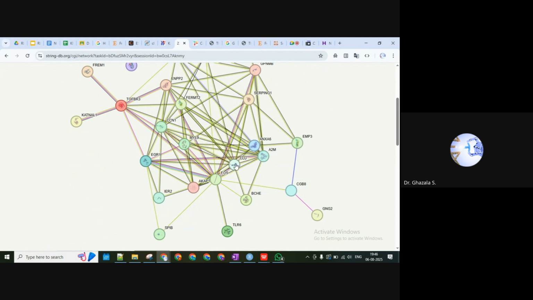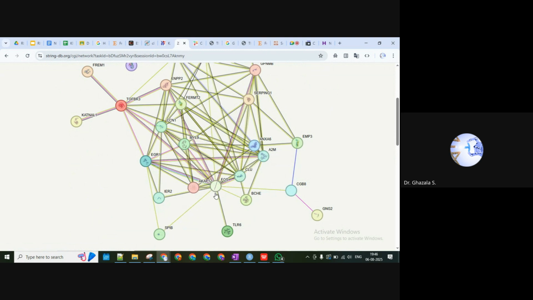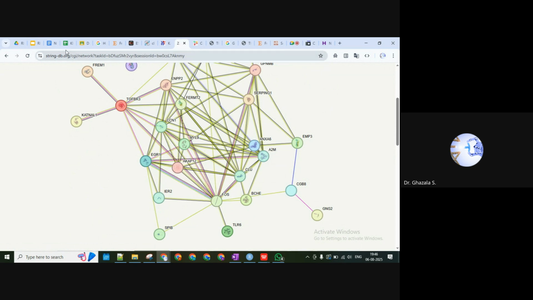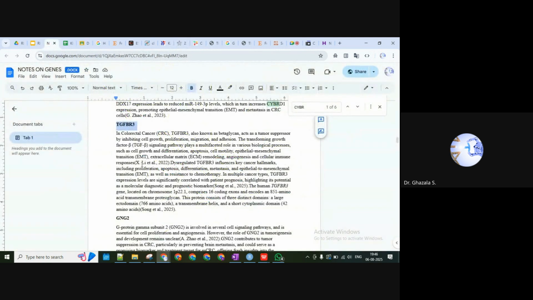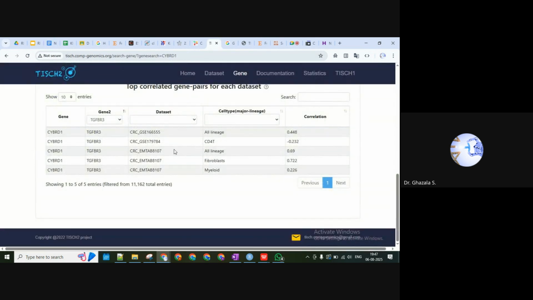That's how one gene impacts another gene, and that is the significance of studying the network. Hope this is clear, and accordingly you can filter out the genes and study them based on the gene of interest, their interactions that we are identifying here, and the cell type.